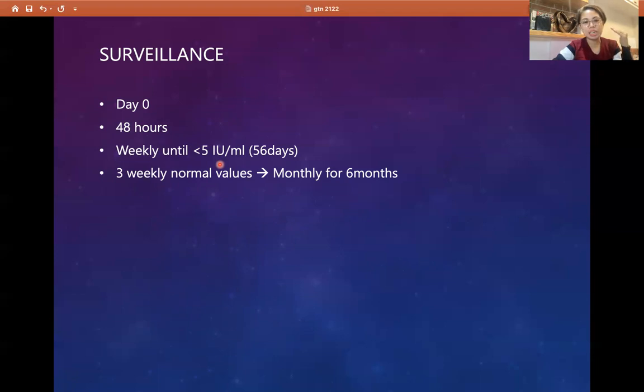If we see that there is a normal value of the HCG post-evacuation for 3 consecutive weeks, then we'll do a monthly beta HCG monitoring for 6 months. So basically, the surveillance is around less than a year, because once the weekly results become normal, then we go for monthly for the next 6 months.